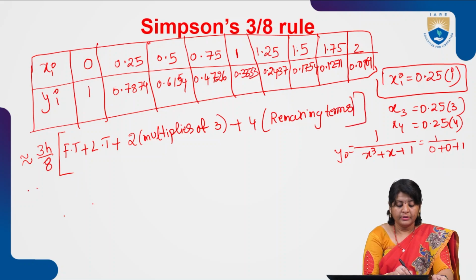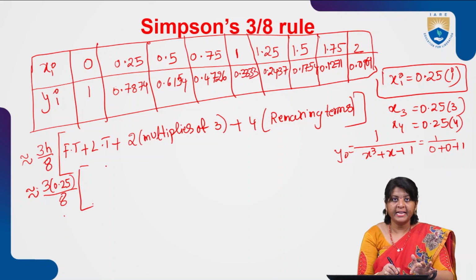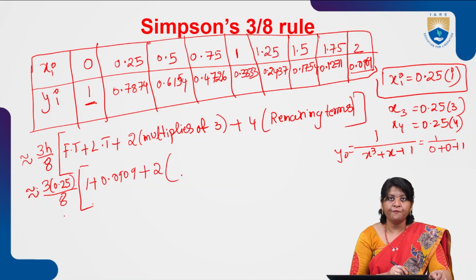Now substituting the values, h is 0.25, divided by 8, into the first term from the table. The first term is 1 and the last term is 0.0909. So 1 plus 0.0909 plus 2 into multiples of 3.